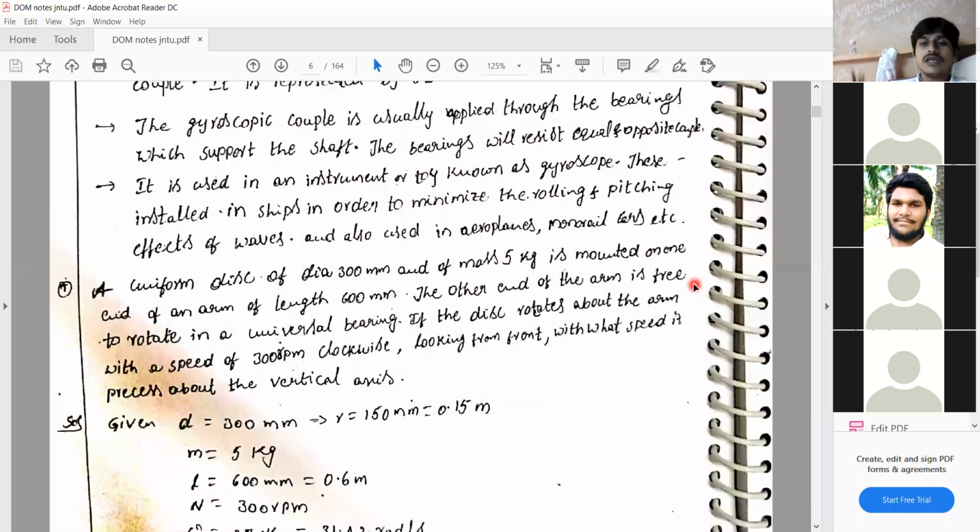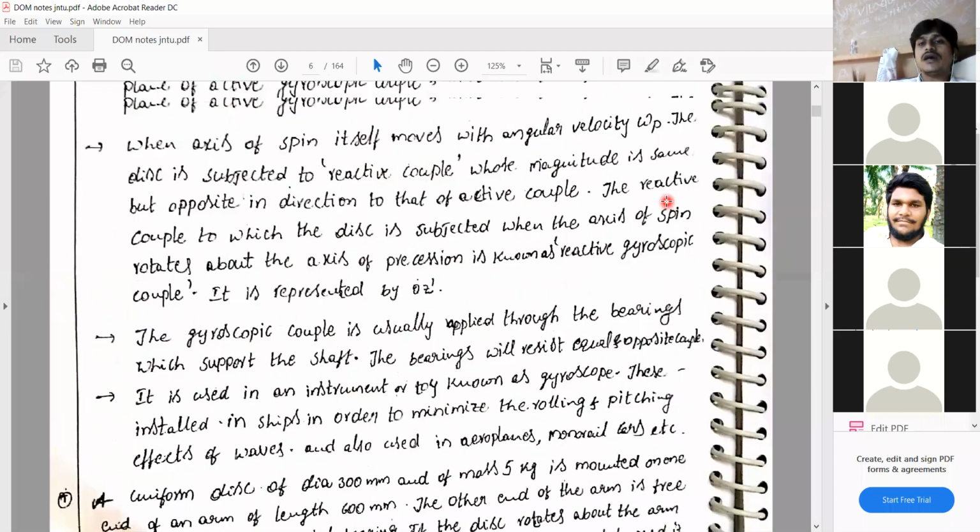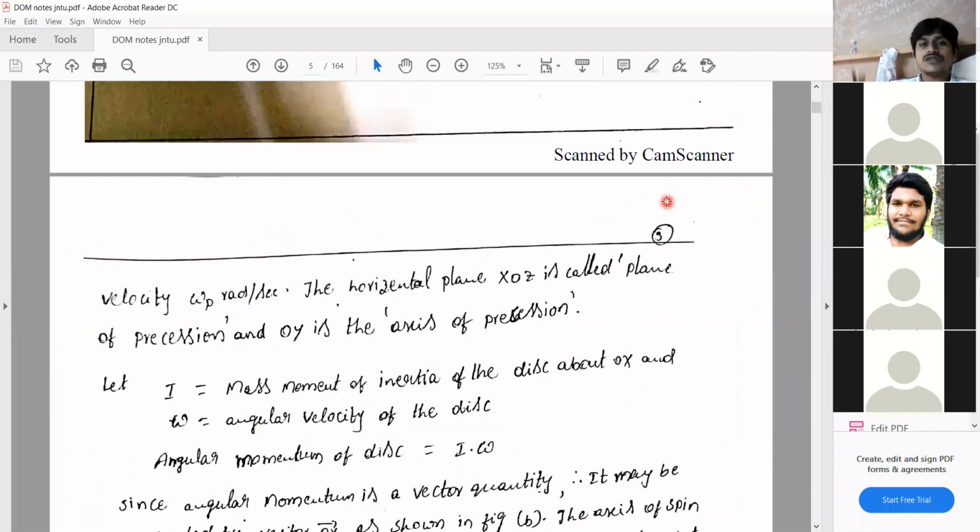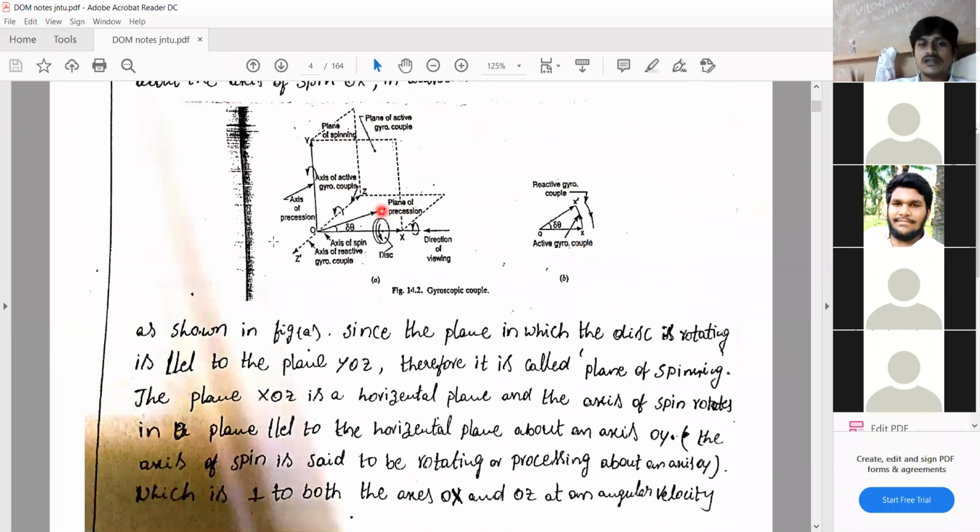It seems to be a spinning disc and spinning axis, similar to this one. When we have such types of problems, this is how we calculate the gyroscopic couple and the angular velocity of precession.